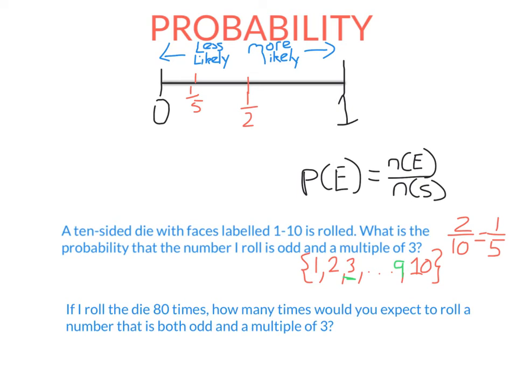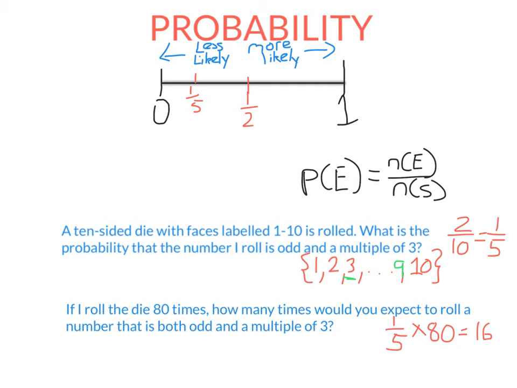So if I were to say roll this 10-sided die 80 times, I expect that I would roll a 3 or a 9 1/5 of those 80 times. Of means times. So 1/5 of 80 is 16. So I expect I would roll a 3 or a 9 16 out of those 80 times.